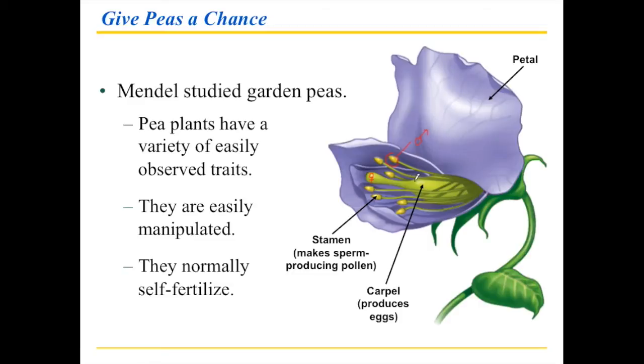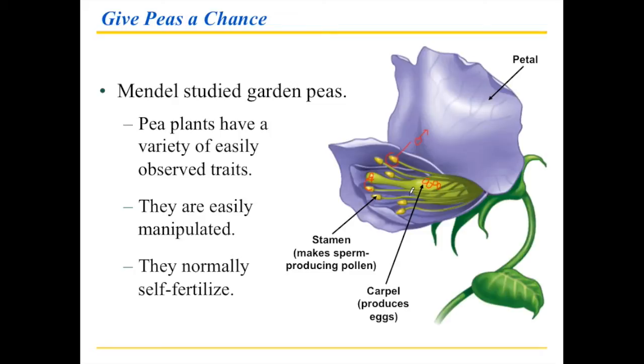The stamens make pollen, and in the pea, normally, here you have one of the petals folded back, but if the petal stays closed, then you would find that these pollen-producing parts here would release their pollen right onto the carpel, and the carpel would then produce the eggs and the seeds, and you'd end up with self-fertilization. This is essentially a closed system.